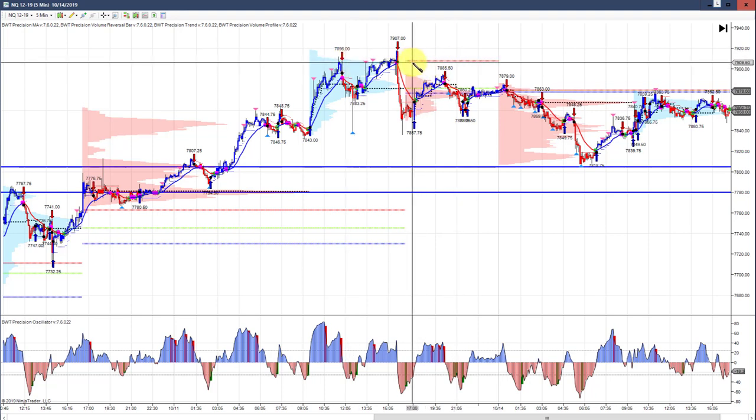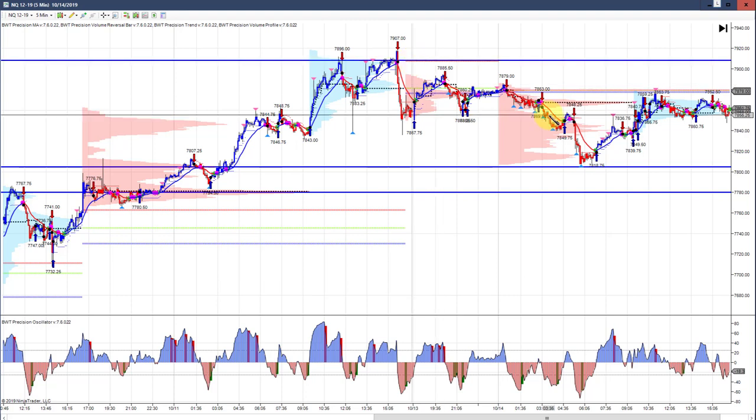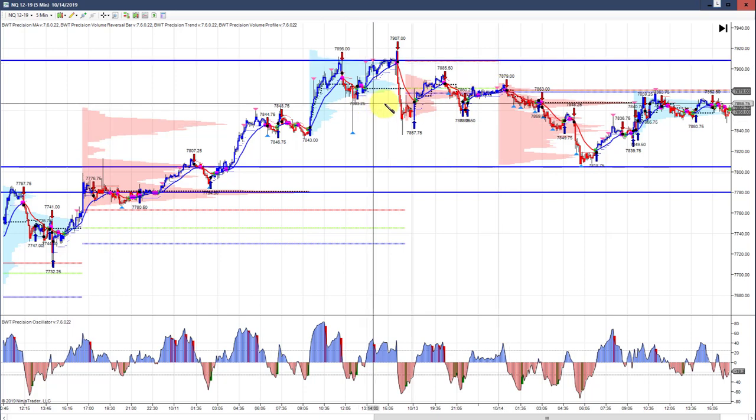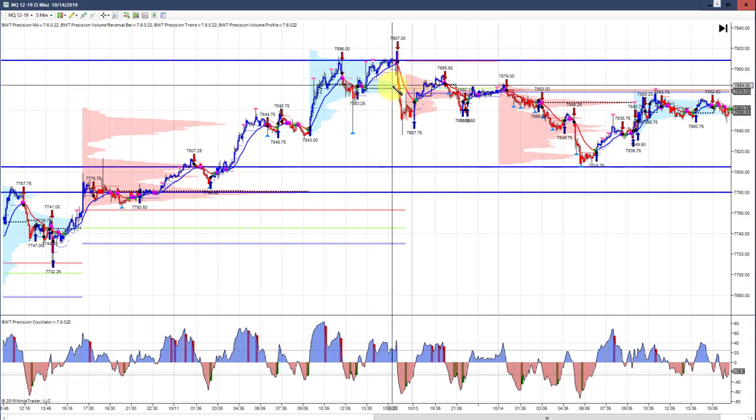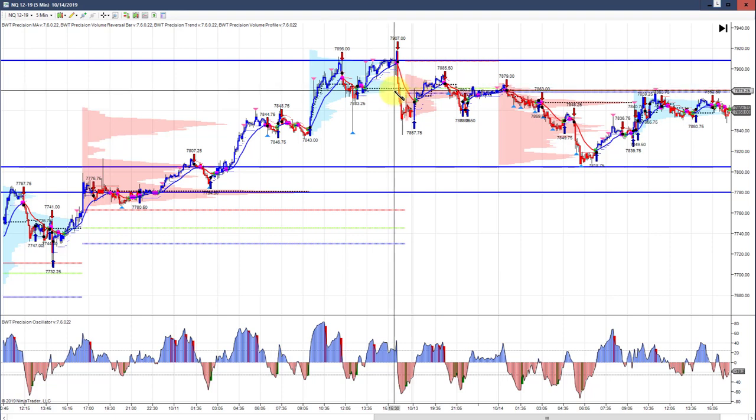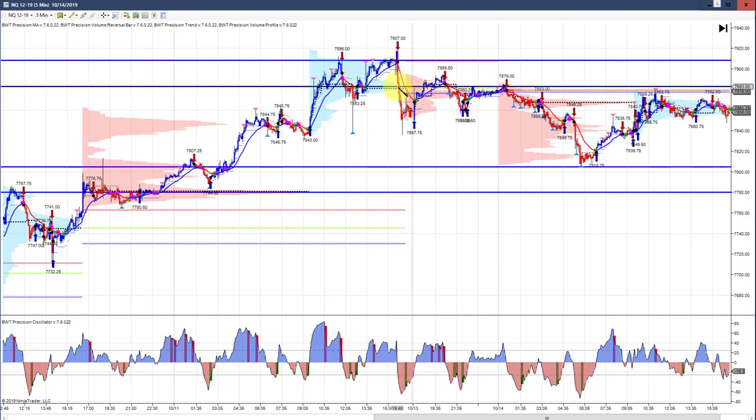So let's use the high of the value area. So we'll say 79.08 area, and then this high area of volume right here at 78.84 or 78.80, which is actually the high of today. So anywhere in here is close enough.